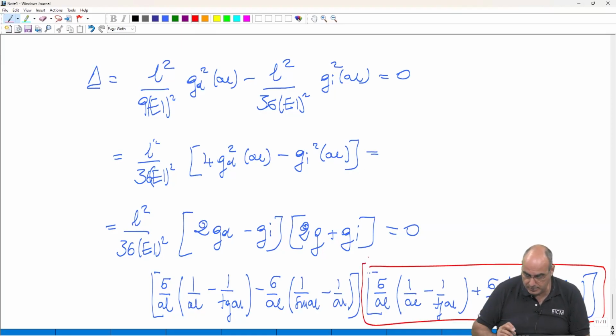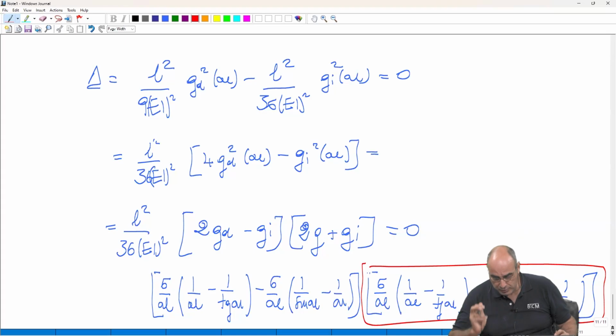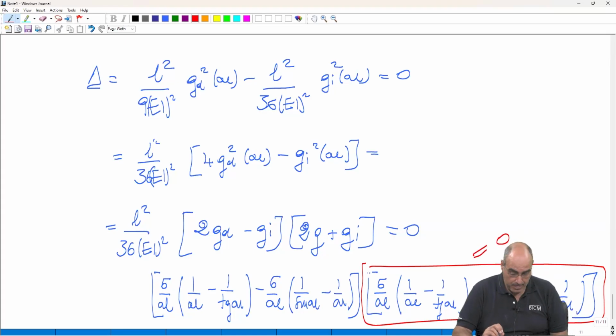The other one does not give a solution. It's this parenthesis that we have to look through. What do you see? Well, we have to equate this to 0. We see that we have 6 over alpha L, which is a common factor, and it's never 0. So this you can simplify. Then you have 1 over alpha L here, and you have minus 1 over alpha L here.